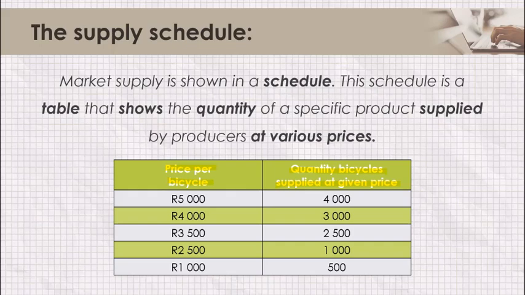If you think about resources, if they only sell a bicycle at 1,000 Rand, they might not be able to afford to produce more than 500 bicycles. Otherwise, they might start making a loss. So you will notice, I hope, that the quantity supplied always drops as the price drops. If the price is high, supply is high. If the price is low, supply is low.